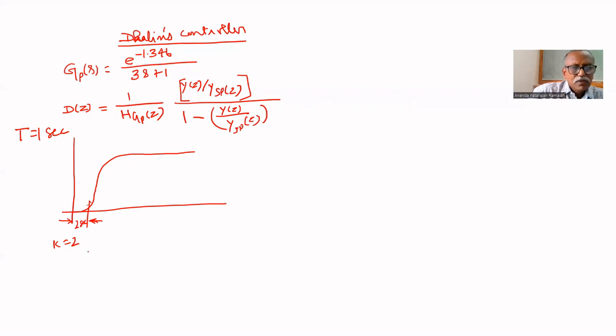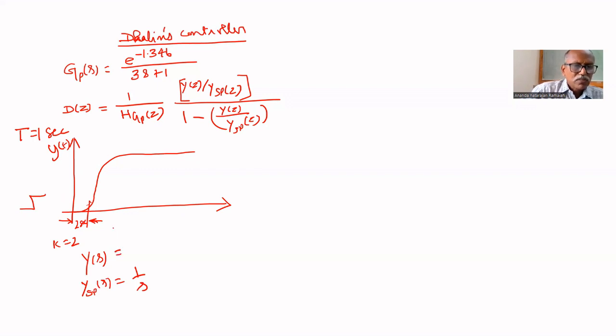Therefore, y of s is the response, y of t for step input. Y set point of s equal to 1 by s, step input.